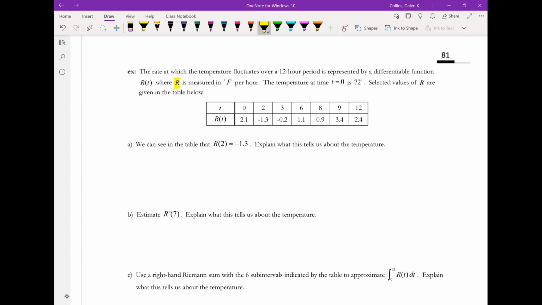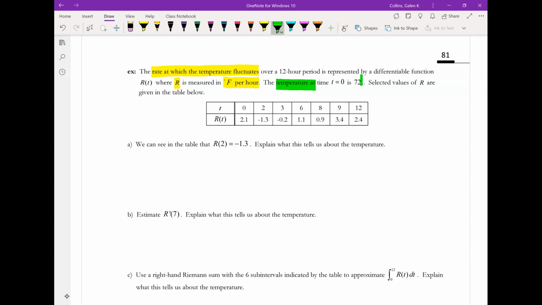So r is the rate at which the temperature fluctuates, and the units are degrees Fahrenheit per hour. So r is the rate of change. T, our other variable for time, represents the temperature in degrees. We can sort of infer that, but we're given it right there, degrees.